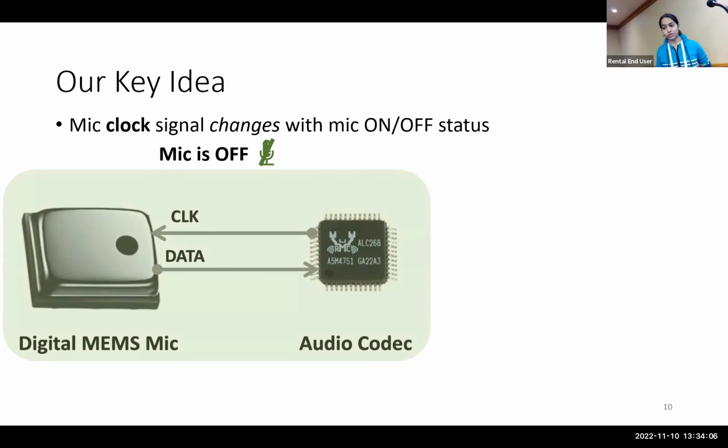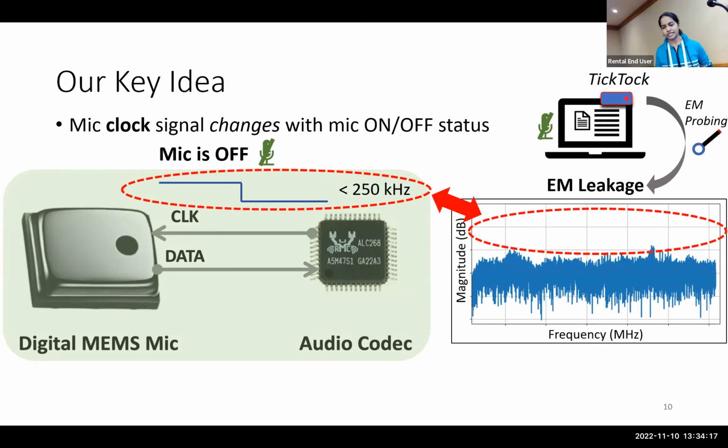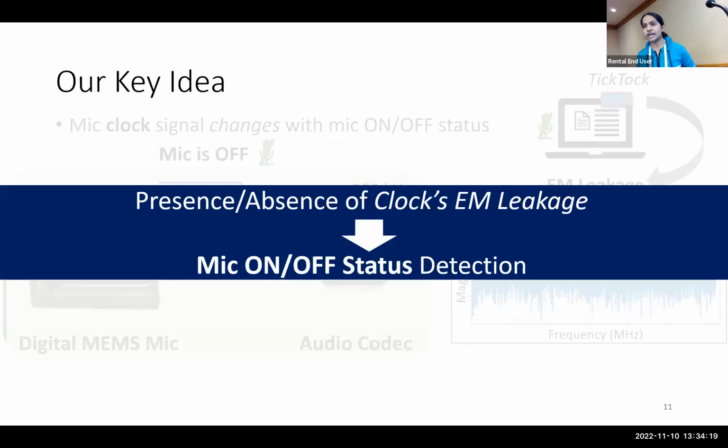However, when the microphone is switched off, it is provided a very low frequency signal in kilohertz, typically to put the microphone to sleep. And the corresponding leakage here is absent in the lower megahertz range, as expected. So it is really this presence or absence of the clock's leakage that serves as the mic's on or off status detection system.